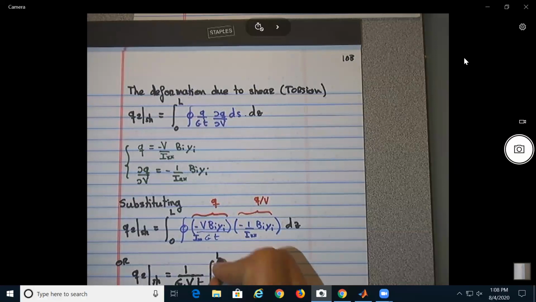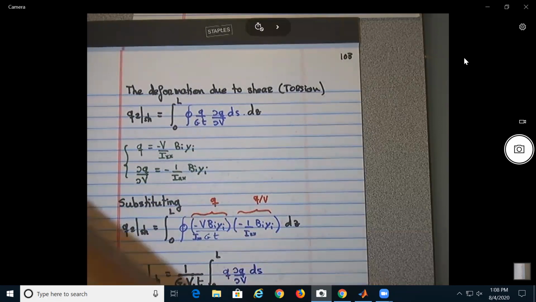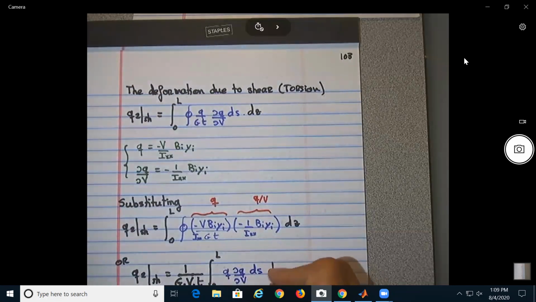Integral 0 to L. And this will just be the Q delta Q over V ds dz.